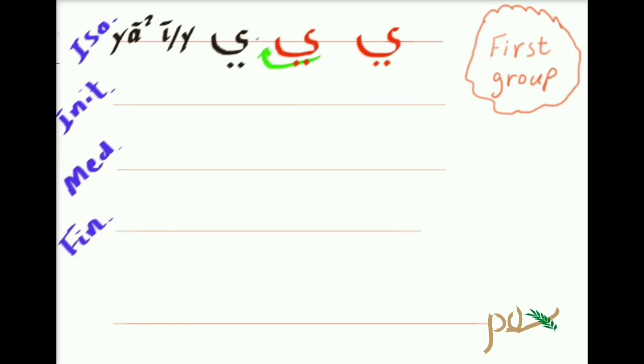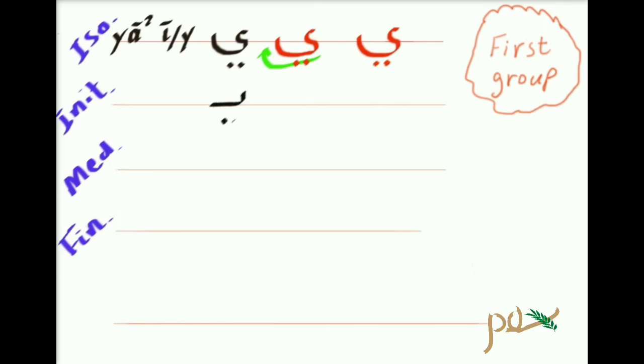Again, the initial and the medial forms of the letter Ya are similar to the initial and the medial forms of the other letters in this group, with the exception of the dots.